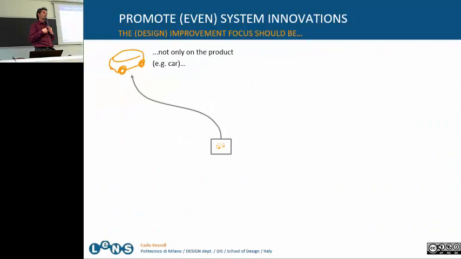And this tells us as designers, but maybe not only as designers, we have other disciplines here. I actually studied managerial engineering at Polytechnic, many years ago. The innovation should not be only on product and process level, but even on the so-called system innovation level.